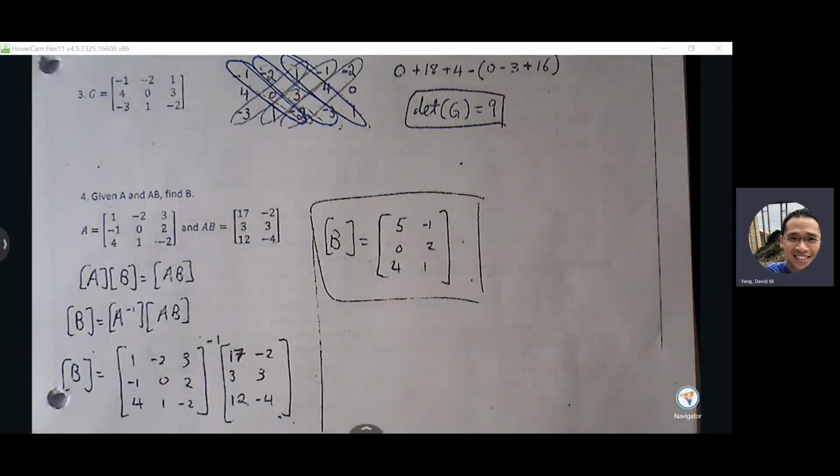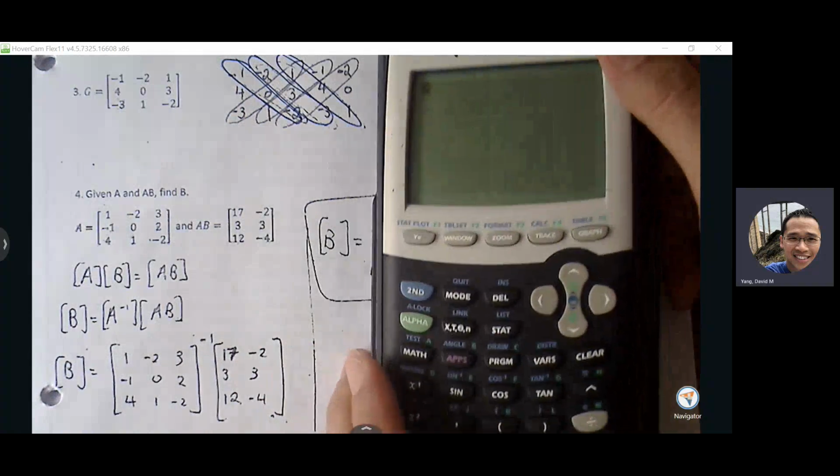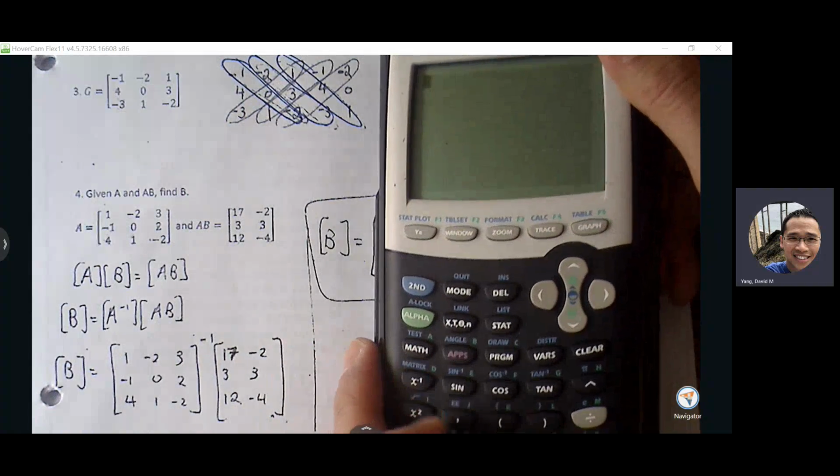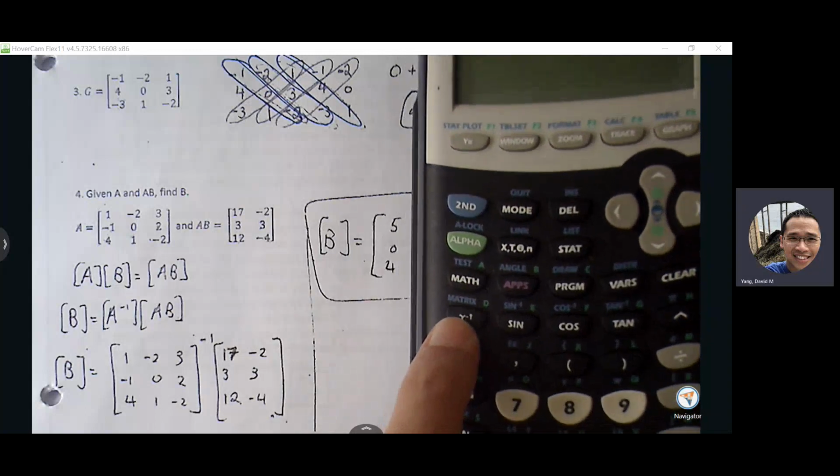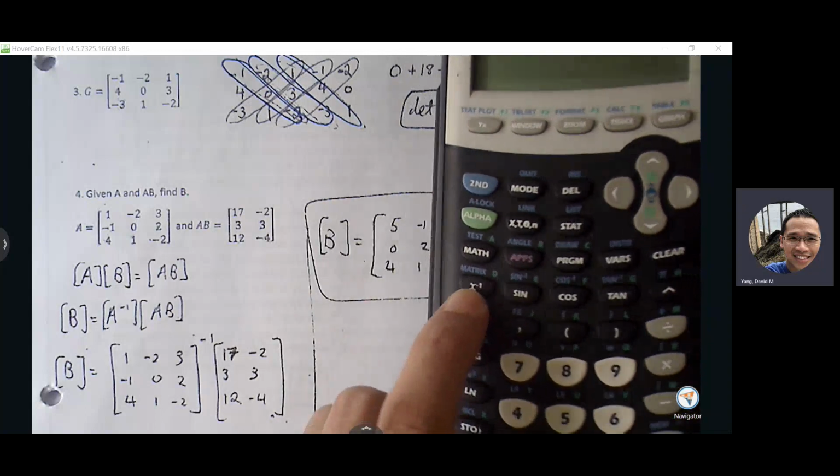I will come around and show you if you're stuck, but let me show you the steps for the graphing calculator first. If you have a graphing calculator, either TI-83 or TI-84, find your matrix button. You see there's a matrix on that first column.